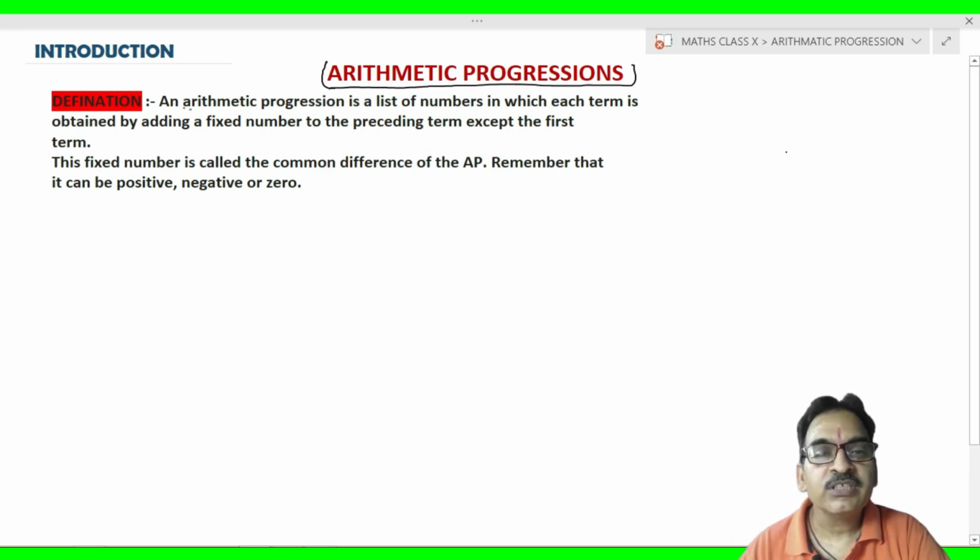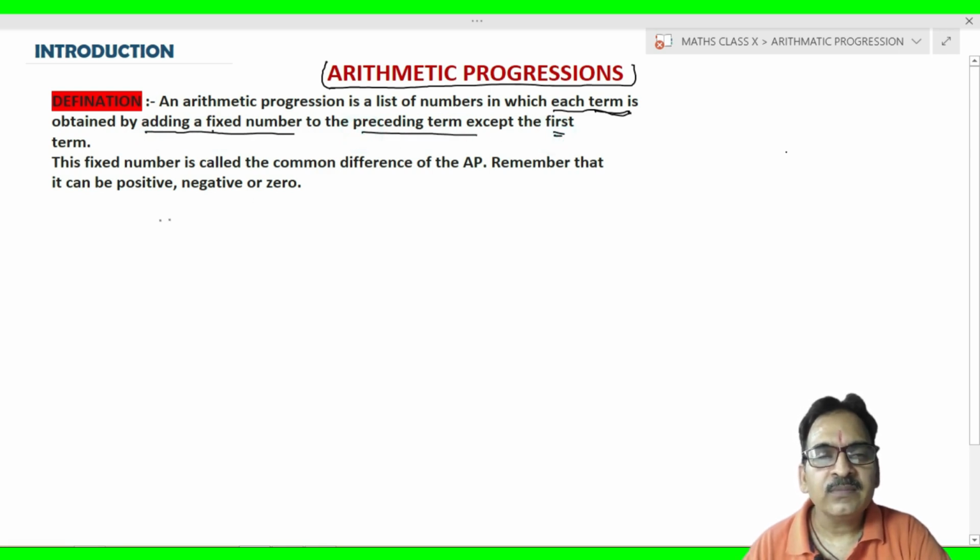The arithmetic progression, see the definition. An arithmetic progression is a list of numbers in which each term, pay attention here, each term is obtained by adding a fixed number to the preceding term except the first one.